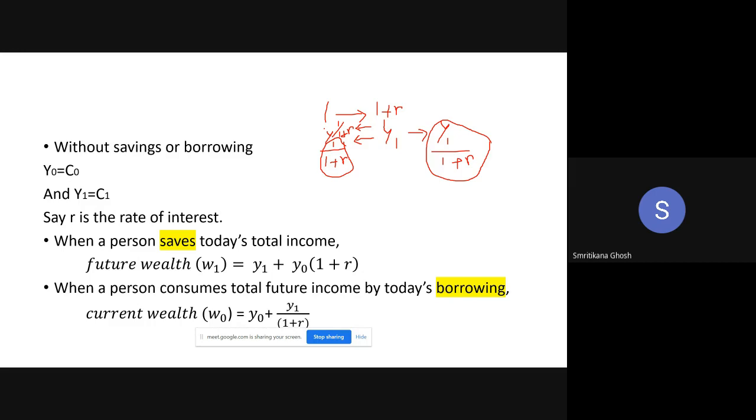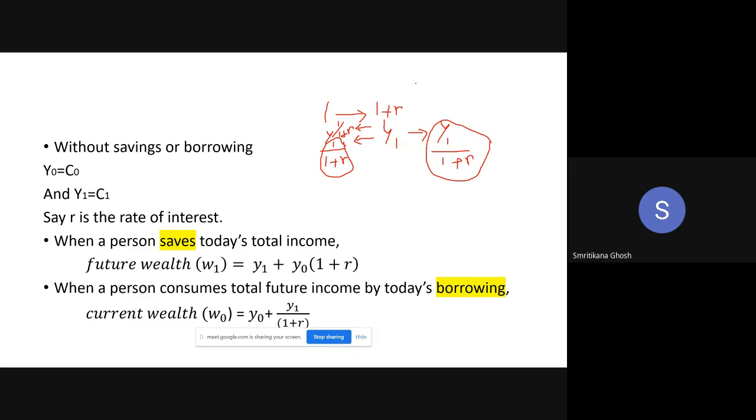Or I can say, tomorrow I have to pay 1 plus r if I borrow 1 rupee today. So tomorrow I have to pay 1 rupee if today I borrow 1 by 1 plus r rupee.